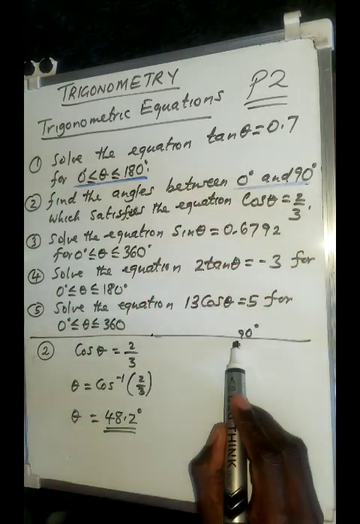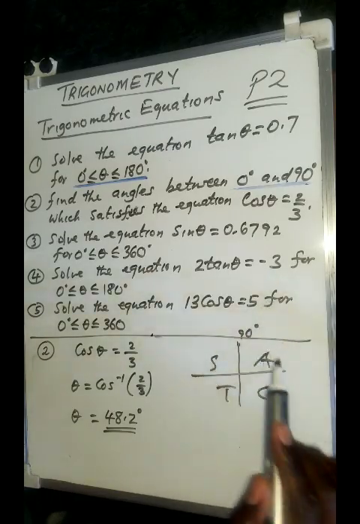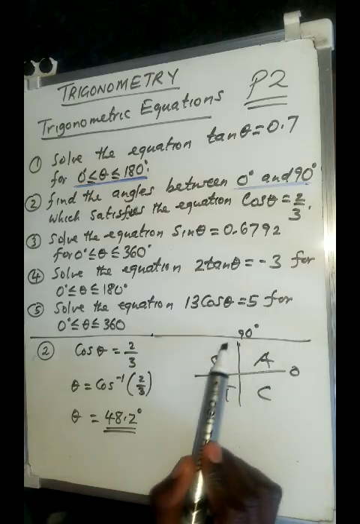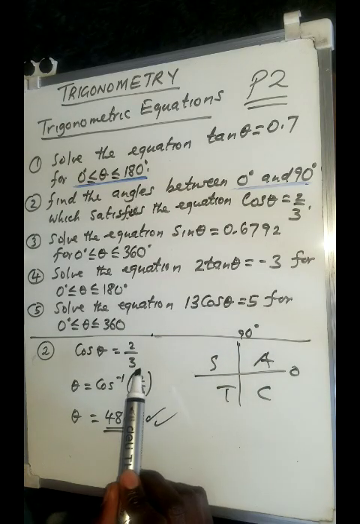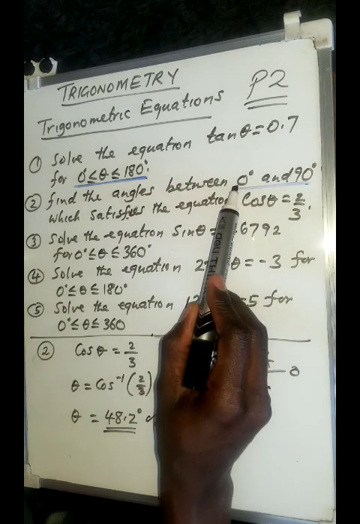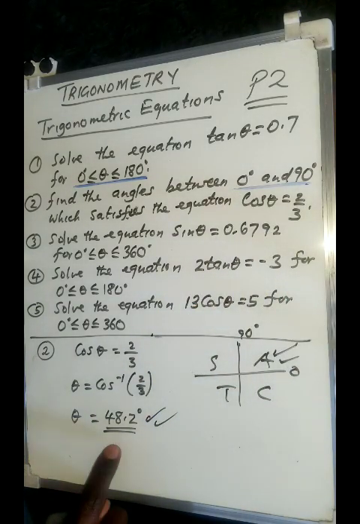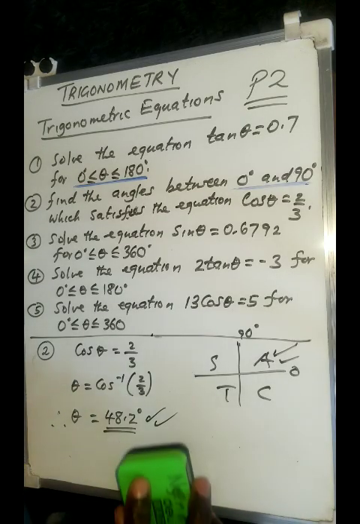Now if you look at this one, because all students take coffee, from 0 to 90 degrees, they told us angles between that. So this is just the solution. We don't even need to go further because the restriction is between 0 and 90 degrees. So the angle will just be that one. That is your solution.